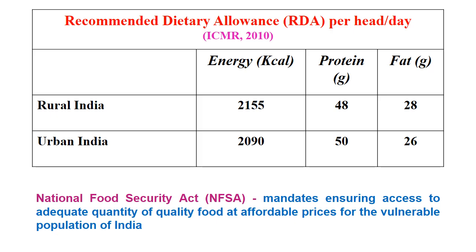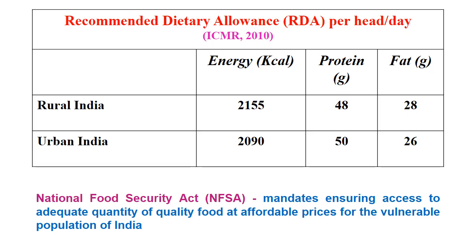So in India we have an act, the National Food Security Act, NFSA, that mandates that we should ensure adequate quantity of quality food at affordable prices for the vulnerable population of India. So this is what we discussed at the beginning, food security.